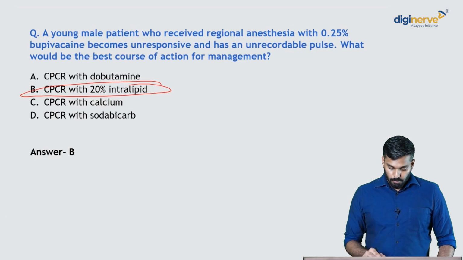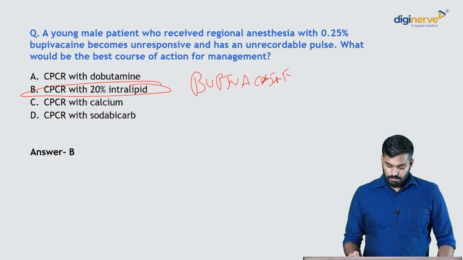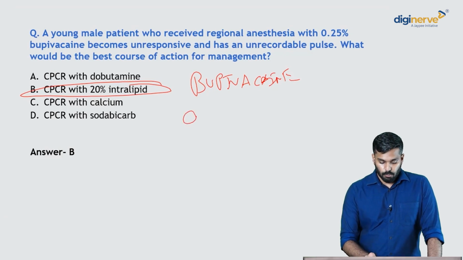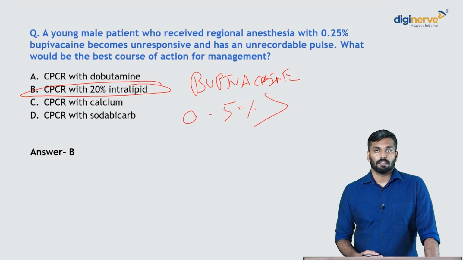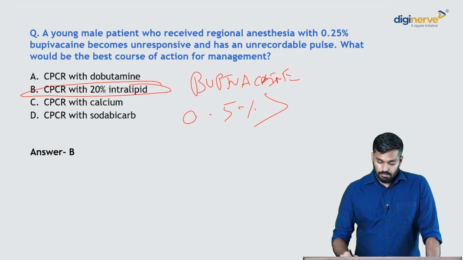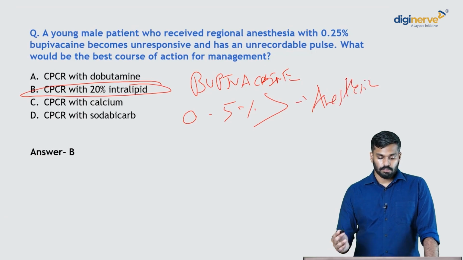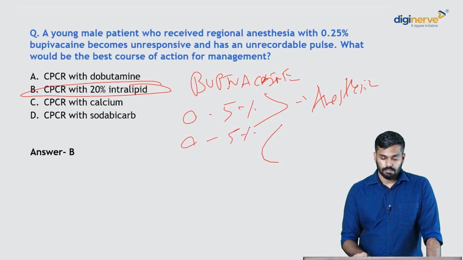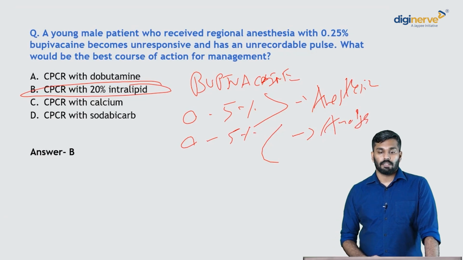The most commonly given drug is bupivacaine. What you need to understand is the concentration. Any concentration of bupivacaine which is 0.5% and above is used for anesthesia, that is to knock out everything, whereas anything 0.5% and lesser is for analgesia, for pain relief.